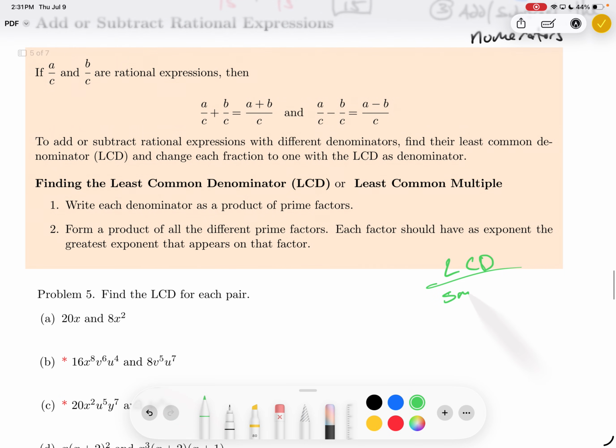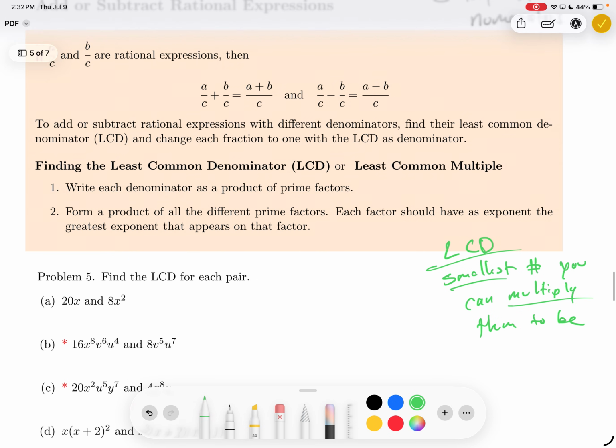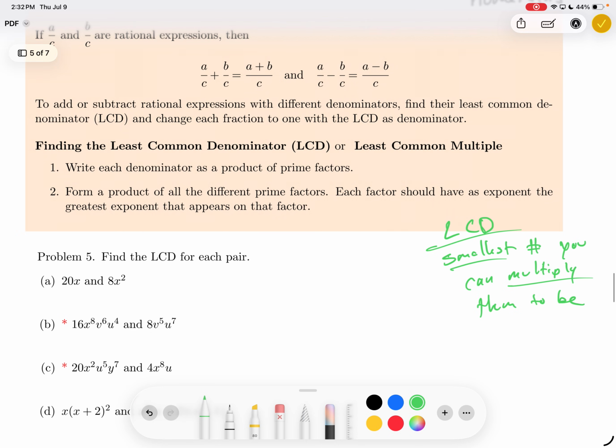You're going to take the smallest number you can multiply them to be. So greatest common factor is the biggest number that you can divide evenly into them, and the LCD is the smallest number that you can multiply them to be. And to keep in the opposite theme, you actually take the biggest exponent.